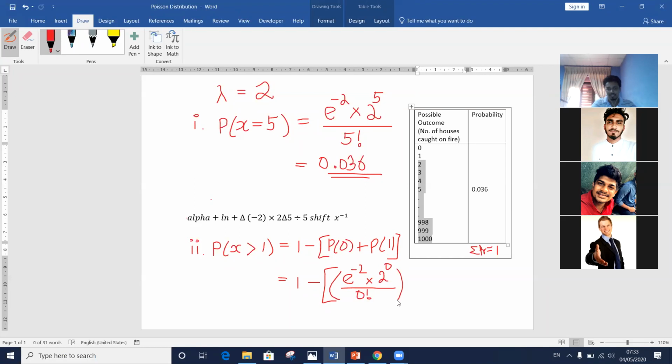This is the probability when x is equal to 0. For that we need to add the probability of x being equal to 1: e to the power minus lambda into lambda to the power x, where x is 1, divided by 1 factorial.